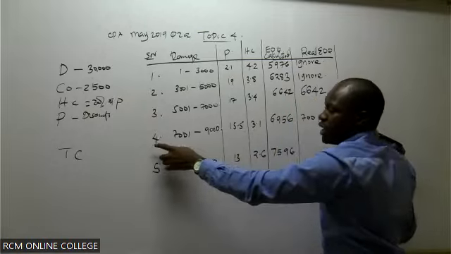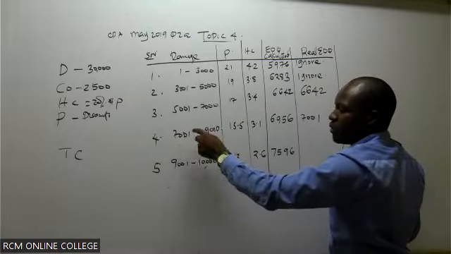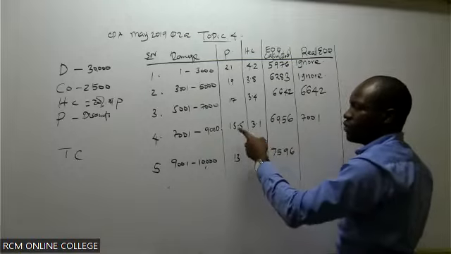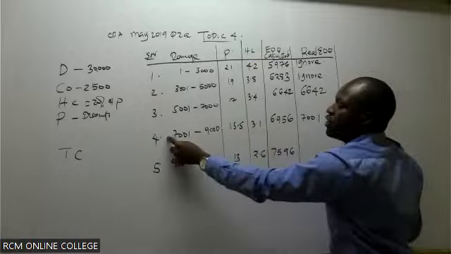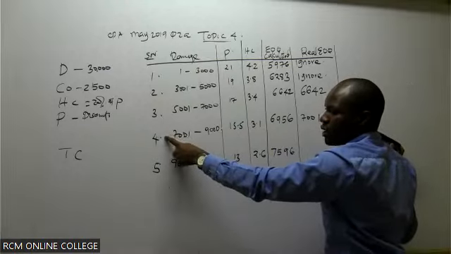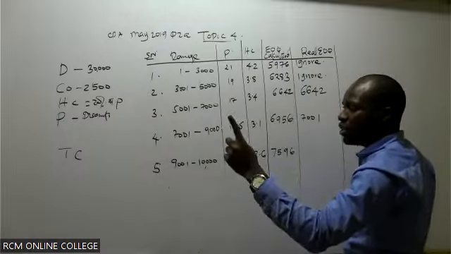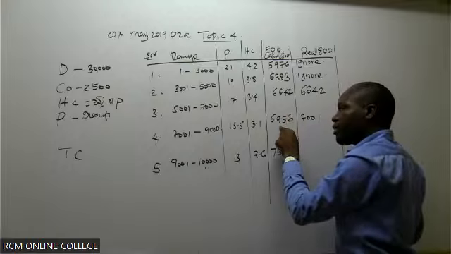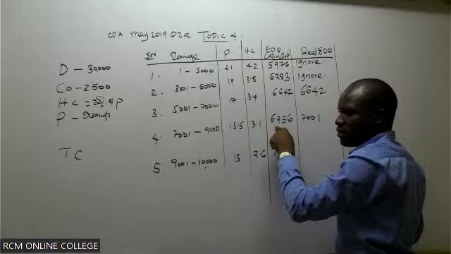When I come to range number 4, you must order at least 7,001 to 9,000 to be able to get a discount to 15.5. My economic order quantity is below this range. So what am I going to do? The rule allows me to order above this. You can order this, you can order above this, but you cannot order below this.